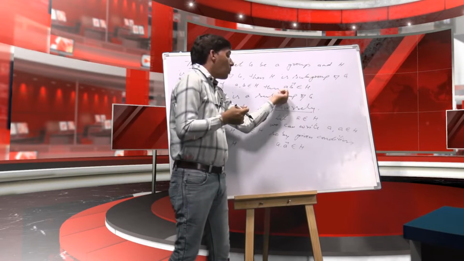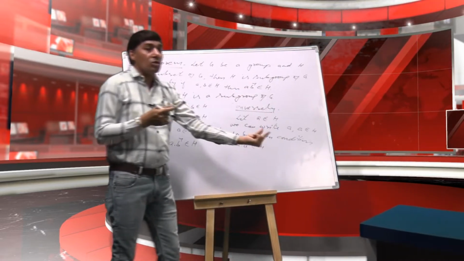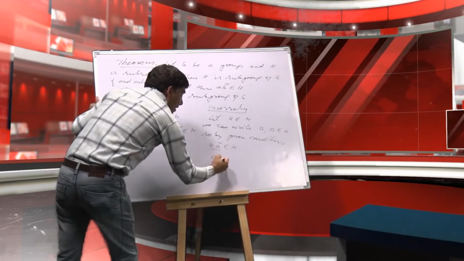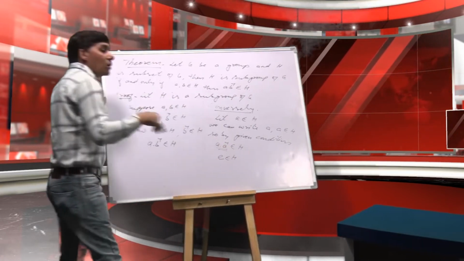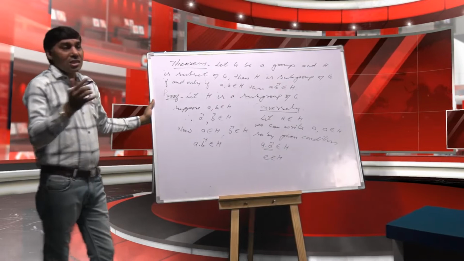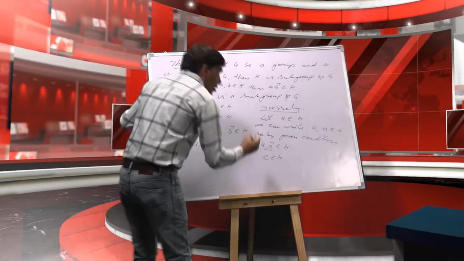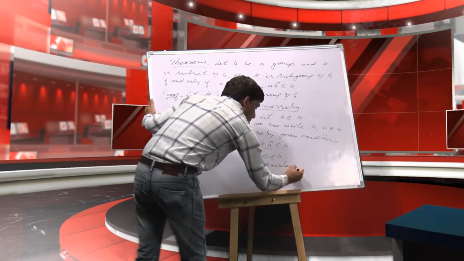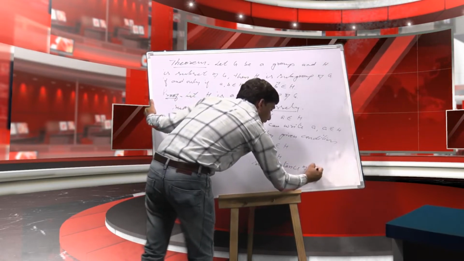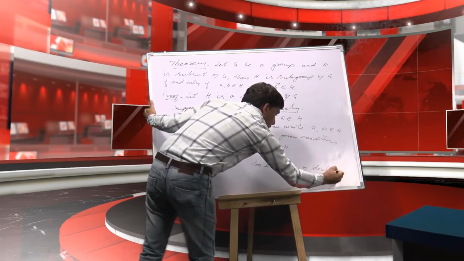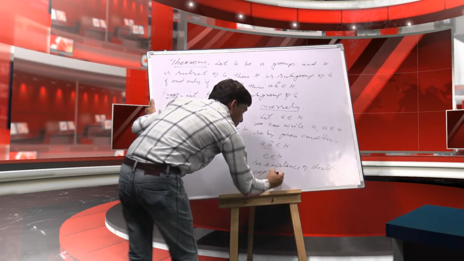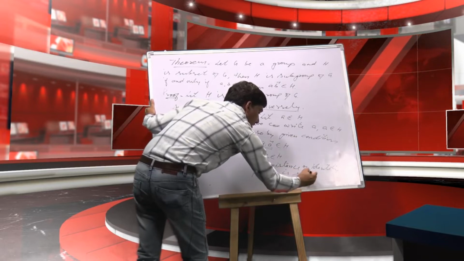But a into a inverse is the identity, so e belongs to H. So the existence of identity property is satisfied.